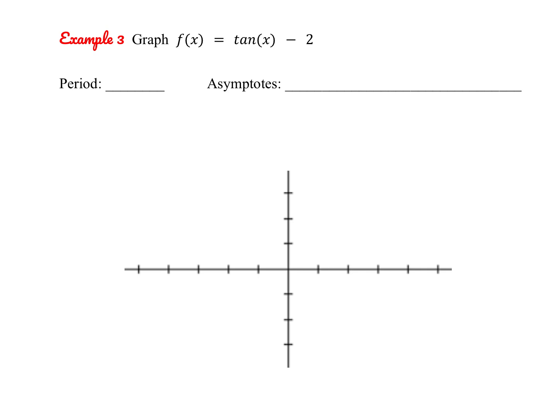All right, let's try another one together. Here, I don't see a b value, so my period is just going to be pi, which is the period of the parent function. So for the scale, I'm going to still split it into 4 parts. So it's pi over 4, pi over 2, 3 pi over 4, and then pi.